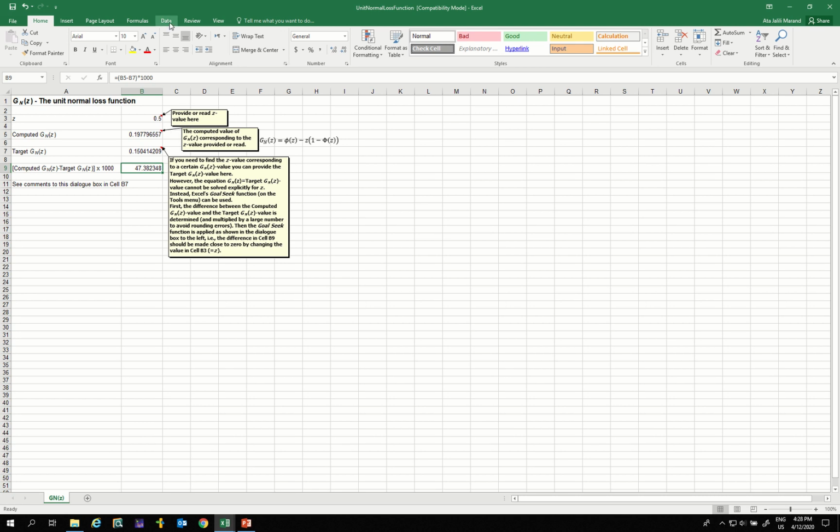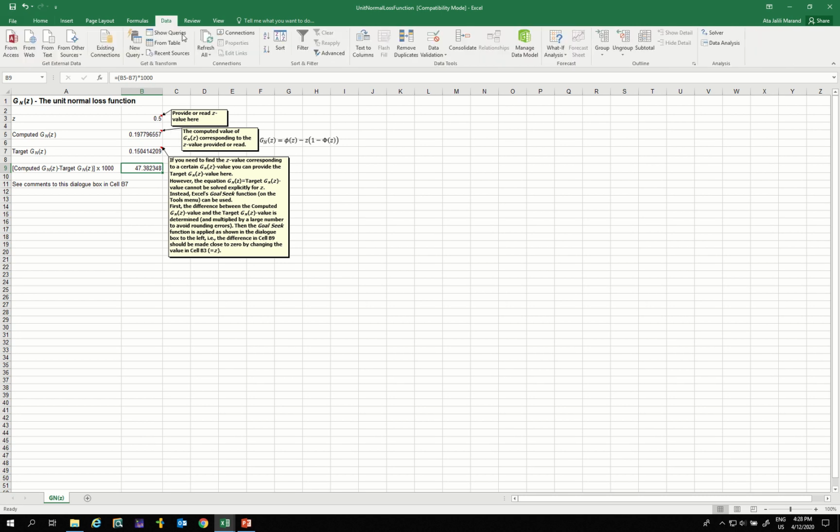To find the corresponding z, I need to go to Data, to What-If Analysis in the Forecast panel, to Goal Seek, and then I will have this window popped up on the screen. As I mentioned, I want this cell to approach 0 by changing z.